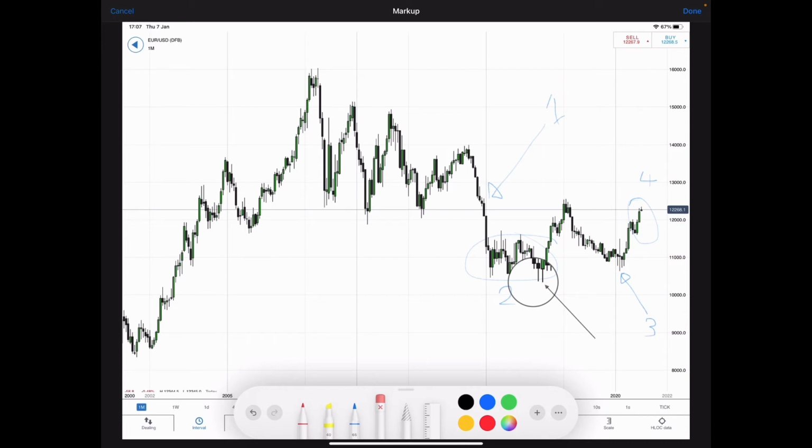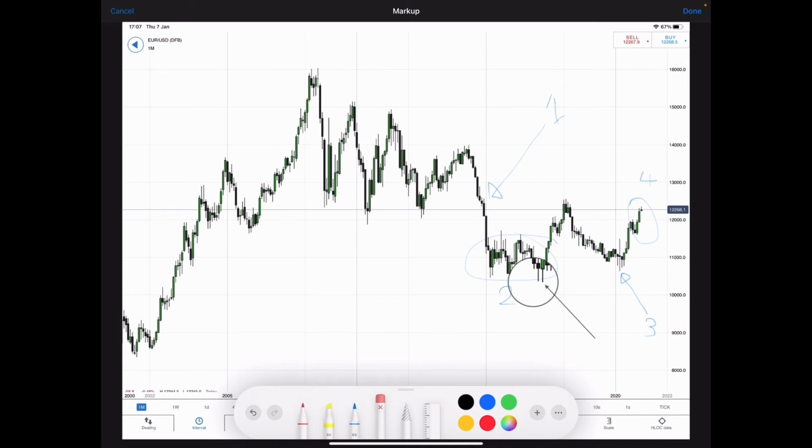So you've got the first one that's responsible for taking out any liquidity that was resting below the consolidation. That's in number 2. The next candle, which I've just pointed out with the clean arrow, is responsible for taking out the liquidity below the previous month's candle.